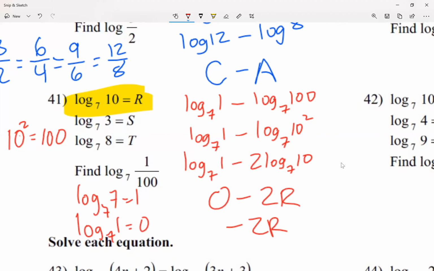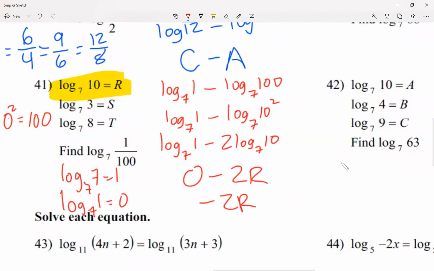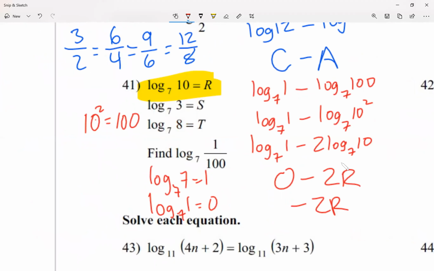Okay, so now I said we have two ways how to do this. This is one of them. Let me show you a different way how we could have done this. I look at this as log base 7 of 10 to the negative 2 to begin with.